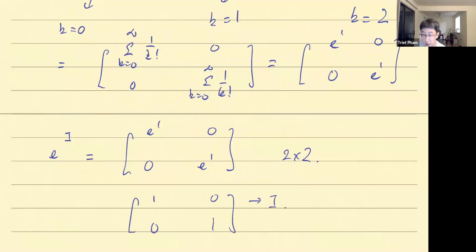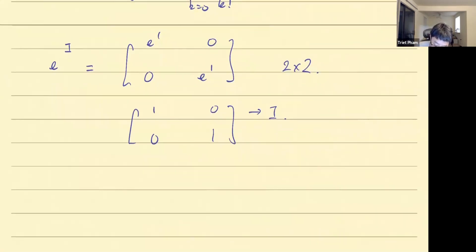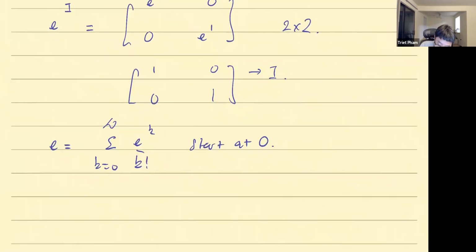Starts at 0, starts at 0. Because basically, right, e will be this. So e to the sum of e to the k over k factorial, k from 0 to infinity. Start at 0. I mean, it'll be more familiar to you like this.